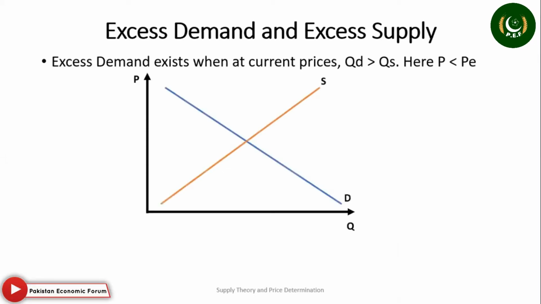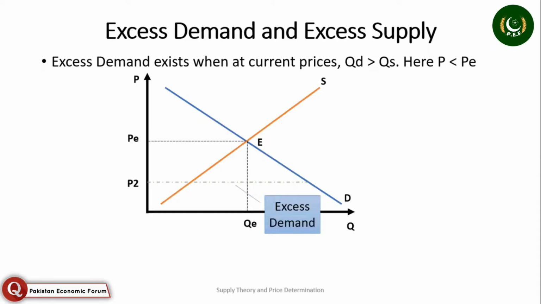First, excess demand. As the name suggests, this happens at a price where quantity demanded is greater than quantity supplied. That is, at any price level which is below the equilibrium.